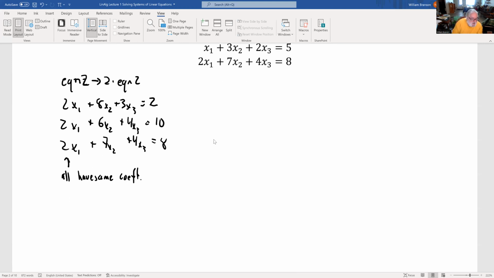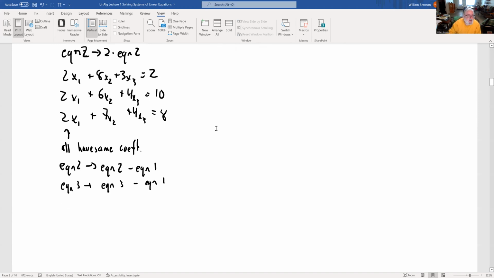And that means I can get rid of the x1s in equation 2 and in equation 3. So I can replace equation 2 by equation 2 minus equation 1, and I can replace equation 3 by equation 3 minus equation 1. So when I do that, what do I get?